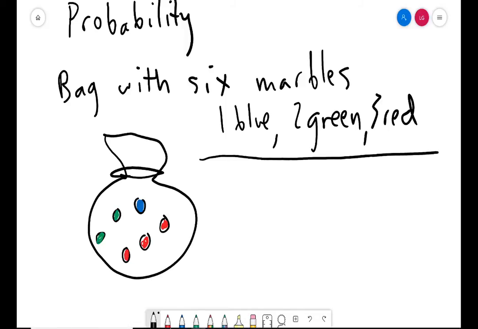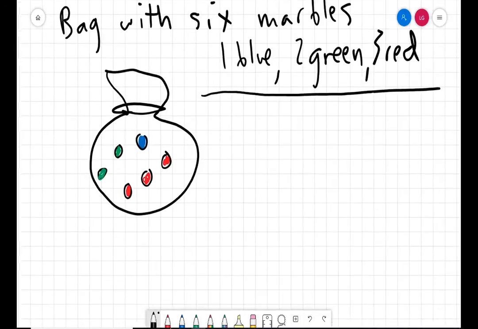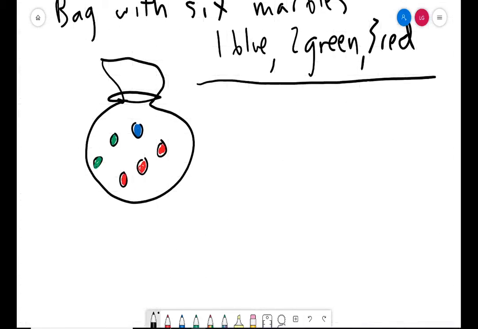So we're going to change something about this now. The same bag, instead we're going to draw 2, and we're going to make a caveat here: without replacement.